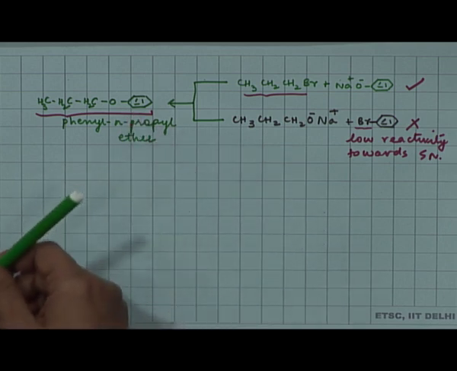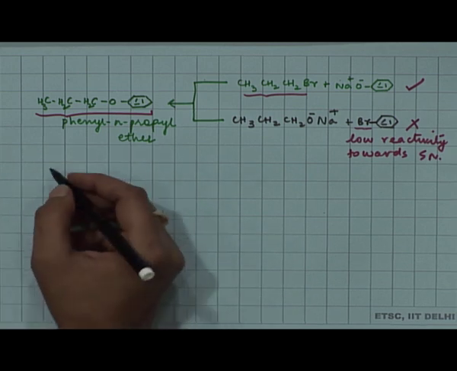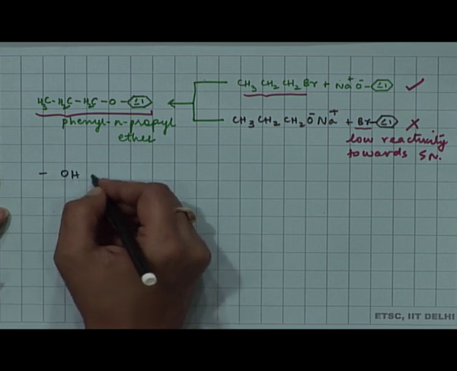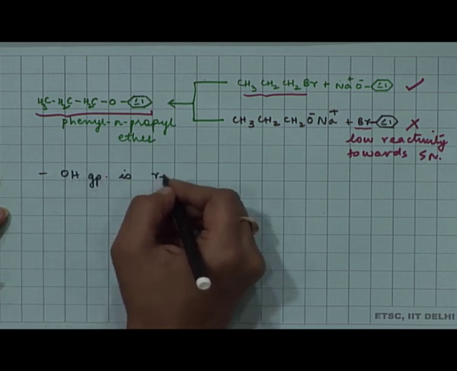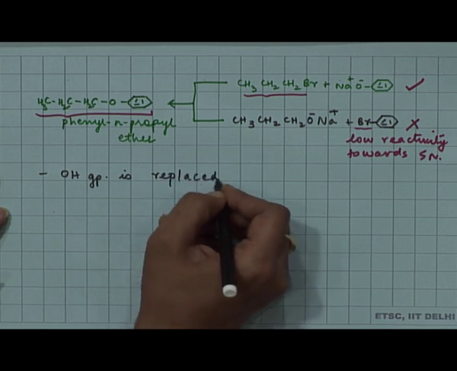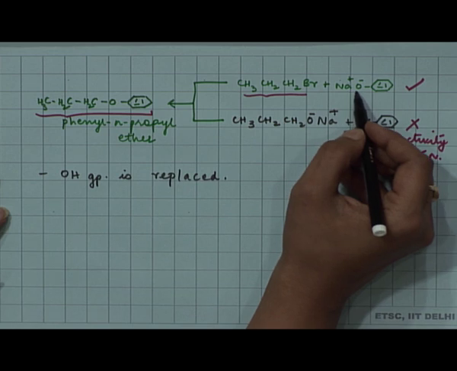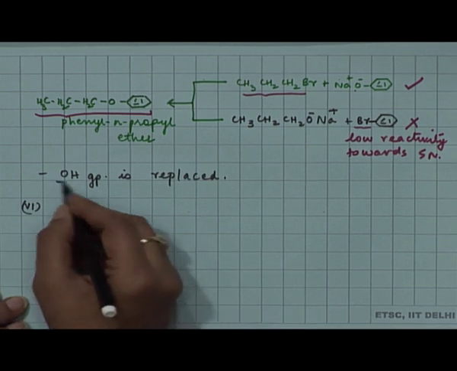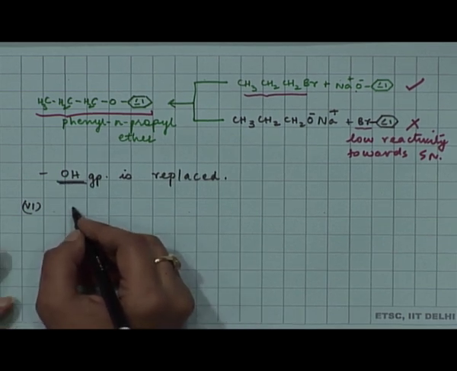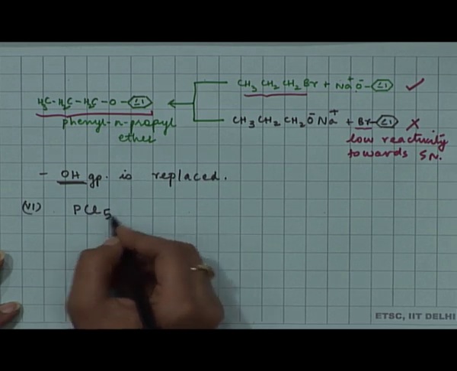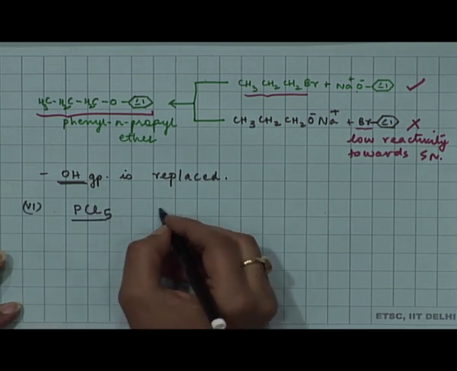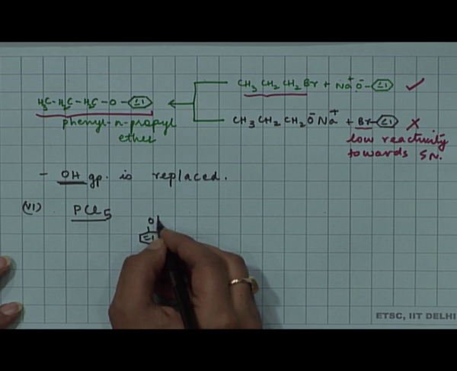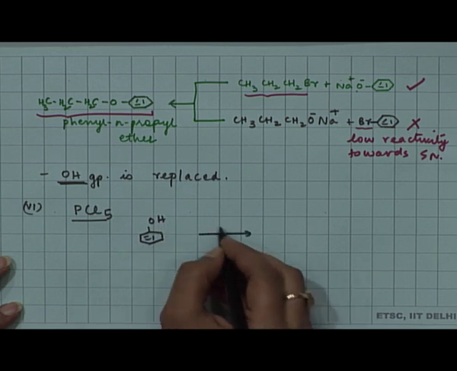Okay. Let us look at now a few of those reactions resembling alcohols in which the hydroxyl group is replaced. So far we were talking about cases in which the hydrogen of the phenol was replaced. When the hydroxyl is replaced, there is one example, the reaction with PCl5. Okay. So, in this case you take the phenol, you treat it with PCl5.